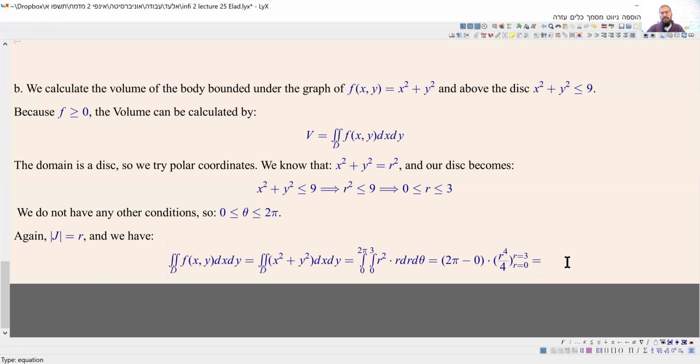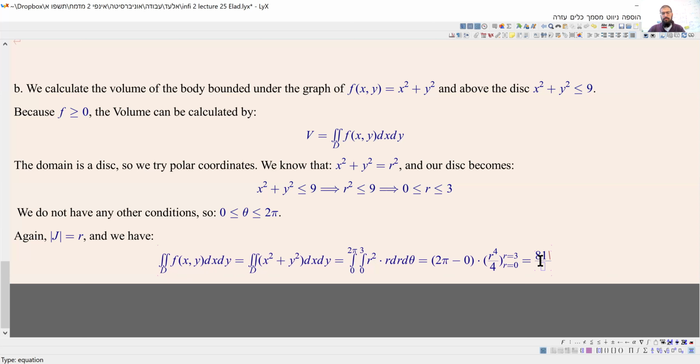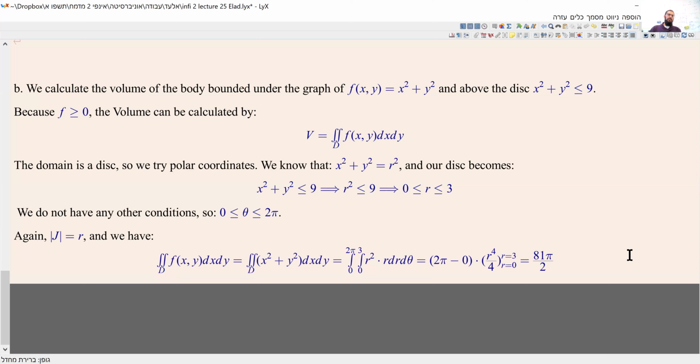At 0, it's just 0. At 3, it's 81. And with this 2 pi here and the 4 there, we are finished with 81 pi over 2, in whatever units we use to describe this volume.